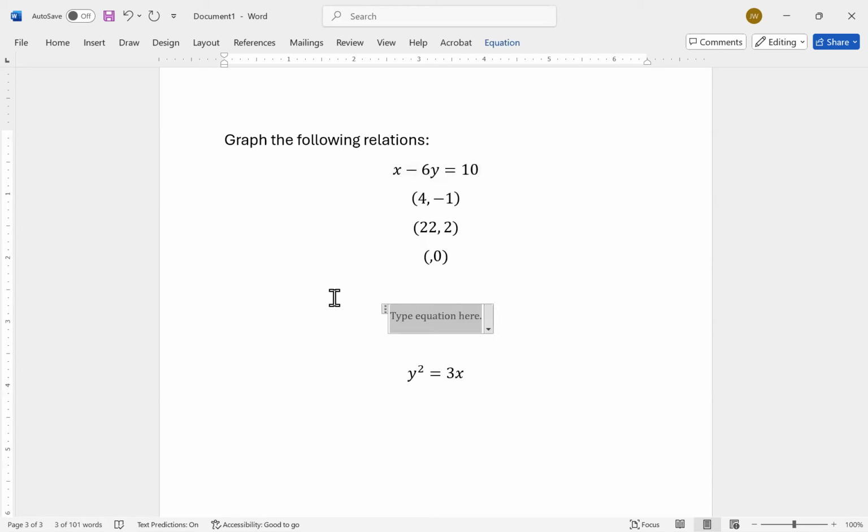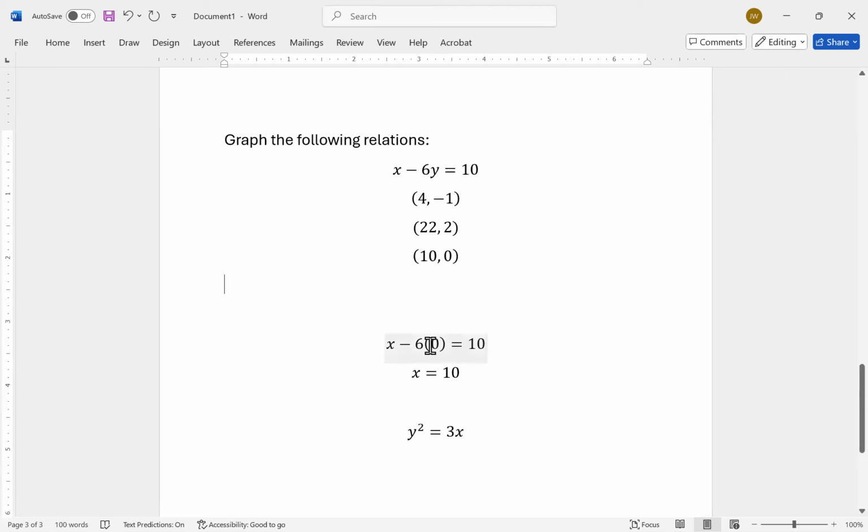And what I could do is say, well, x minus 6 times 0 equals 10, and then simplify that and say, if I plugged in 0 for y, then x would have needed to have been 10. So now I can see that the point (10, 0) works.